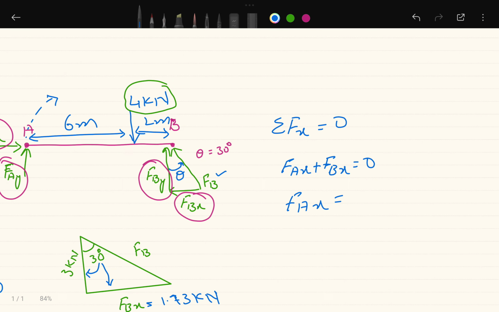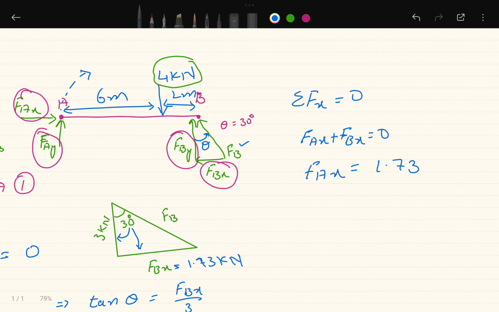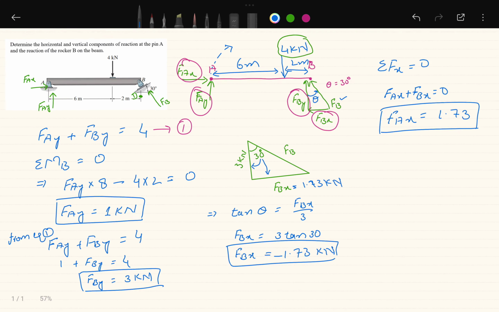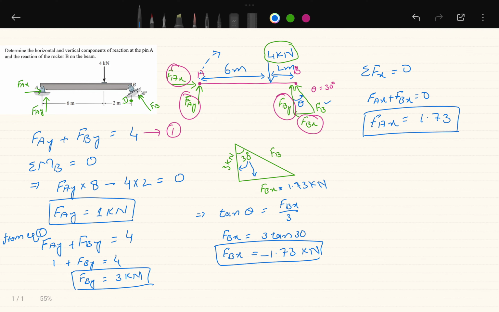So FBX and FAX must be equal to balance each other out. Only the direction will be opposite. So this way we have found out all the four components, two vertical and two horizontal components of the reaction supports.